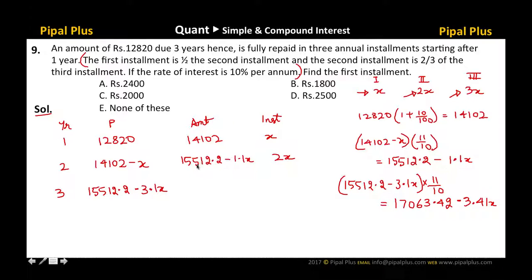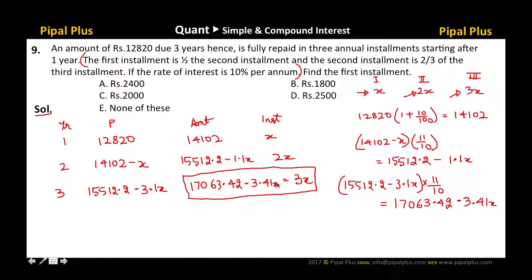So the amount due at the end of the third year is 17063.42 minus 3.41x, and this is equal to the third installment, which is 3x. Why is this equal? Because the entire amount now gets settled by an installment of 3x.